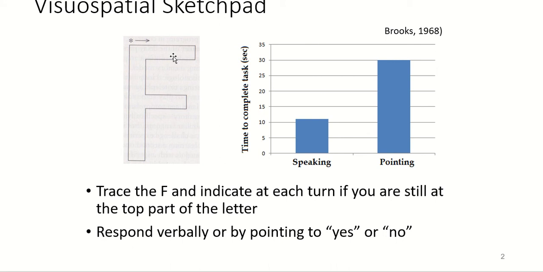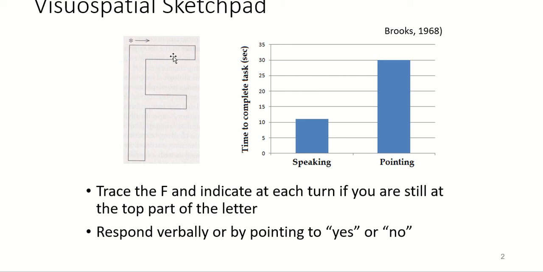In some ways, it's of course a pretty artificial task, but it gives evidence for two parts. First of all, it provides nice evidence that the Visuospatial Sketchpad seems to exist. Second, it also provides nice evidence that the phonological loop and the Visuospatial Sketchpad seem to have their own limited capacities.